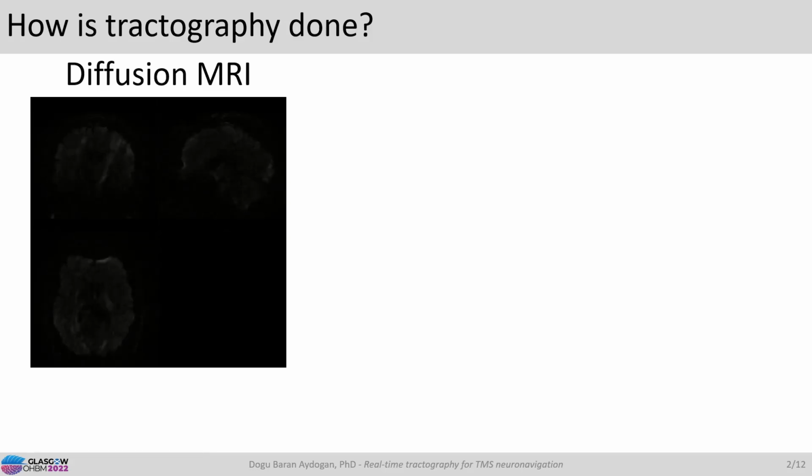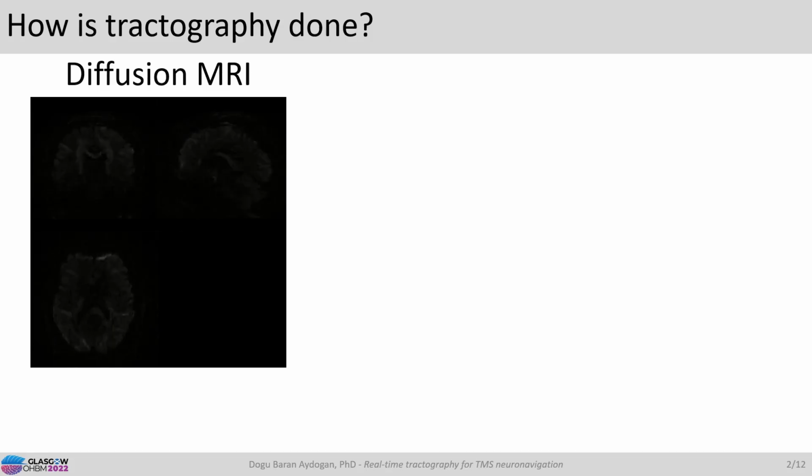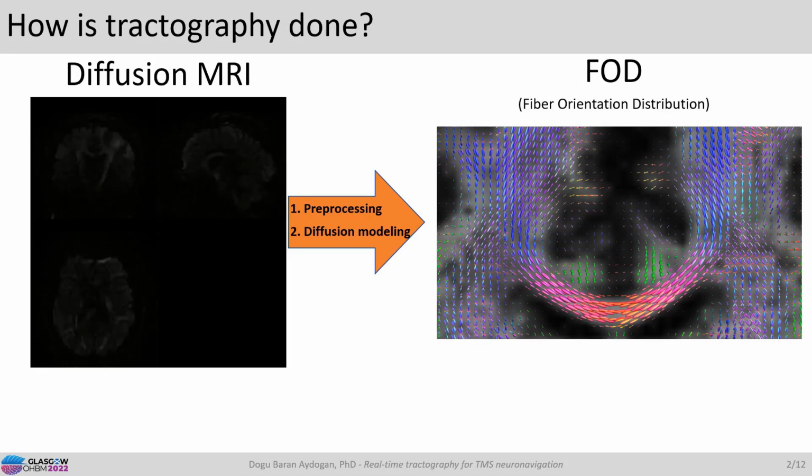We start with diffusion MRI data, which looks like this. It is four-dimensional data. The fourth dimension contains information about diffusion for each voxel in the image. We first pre-process the data and then apply a diffusion model, which provides us a new image that looks like this.